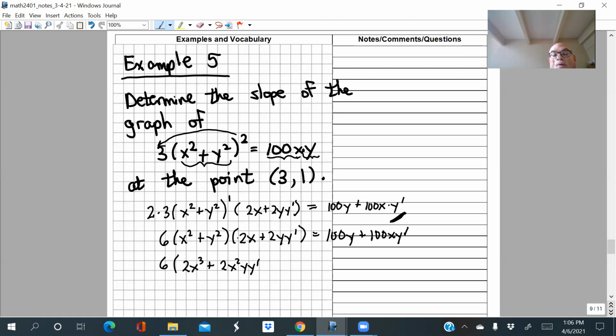Now y squared times 2x, that's 2x y squared. And y squared times this term is 2y cubed y prime. Don't forget 6 is multiplied by all of this, though.